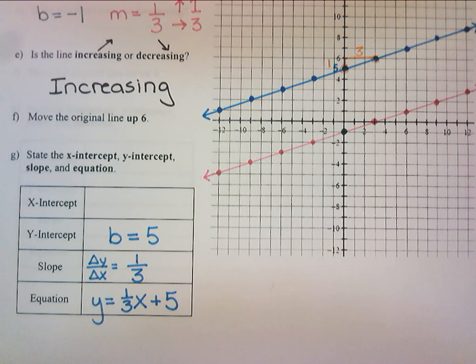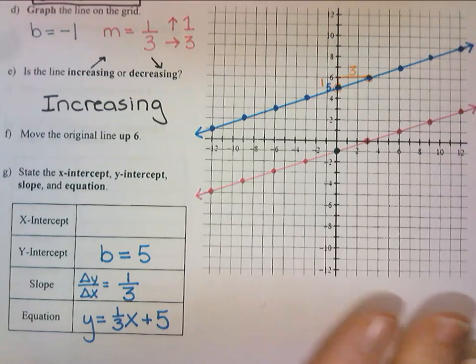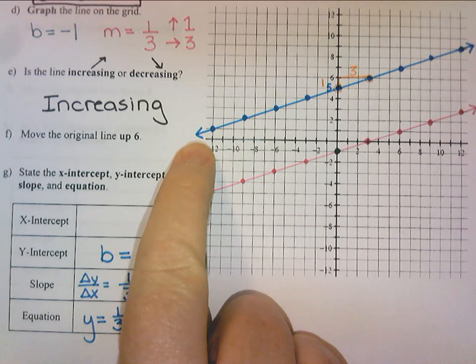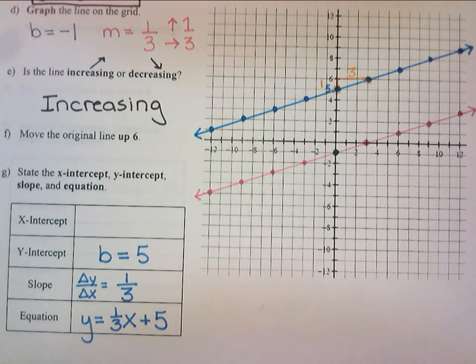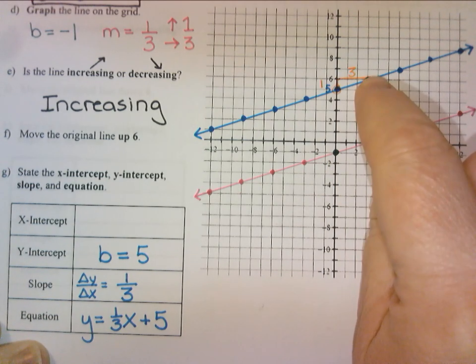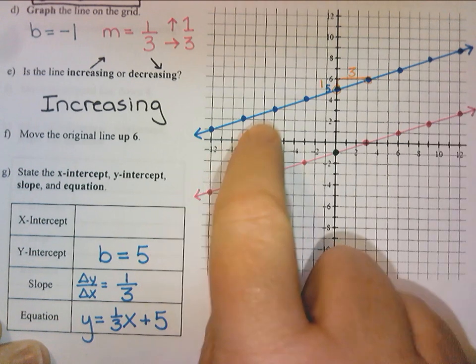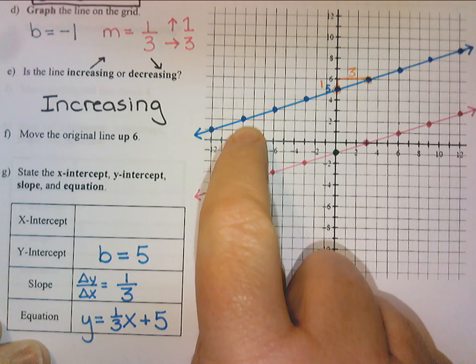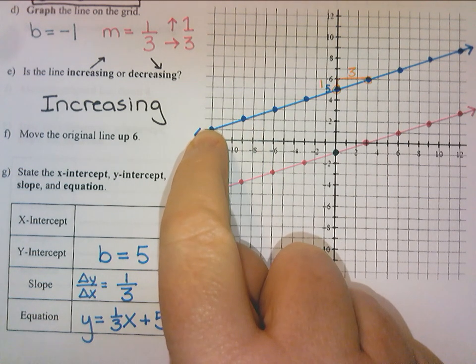Now, the x-intercept I cannot see on my graph because it's a little bit off, and that was poor planning on my part. But I'm going to see if we can figure out where we think it would be if we extended our line back a little bit further. As we go forward, we're going up 1 over 3. So if we're coming backwards, we're going down 1 over 3.